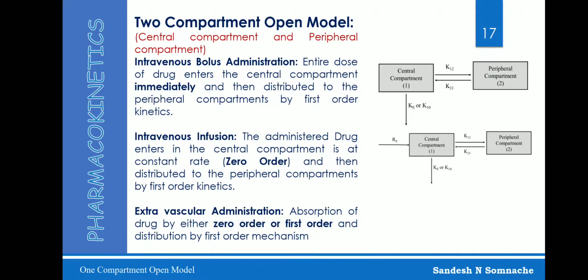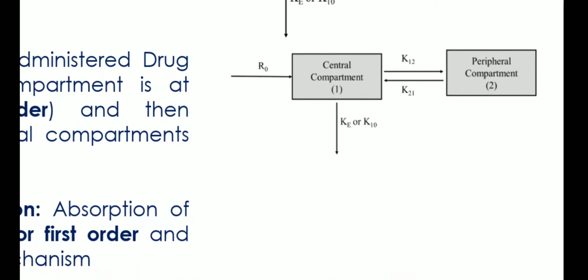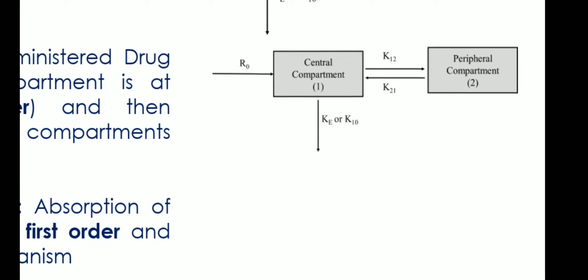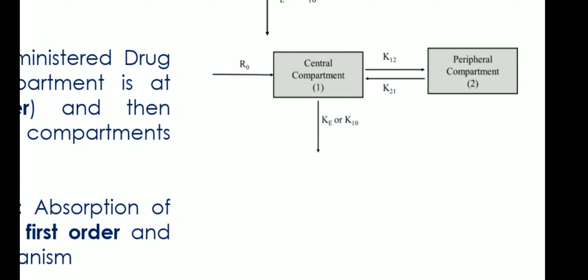And next, extravascular administration, two compartment open model, extravascular administration. Here the absorption takes place either by zero order process or by first order process, and drug gets distributed from one compartment to another compartment, means from the central compartment to the peripheral compartment, and elimination takes place by first order mechanism.